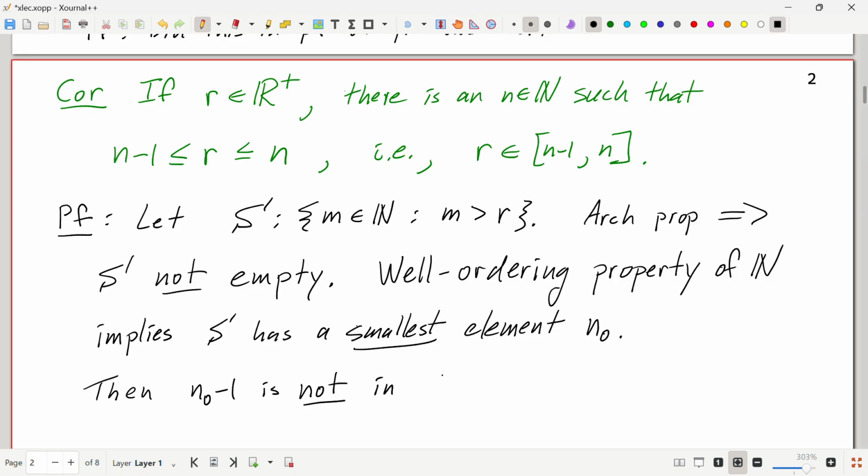If 1 was in S, then this would be 0. But whatever it is, it's not in S, because n naught is the smallest one. So n naught minus 1 is not greater than r.